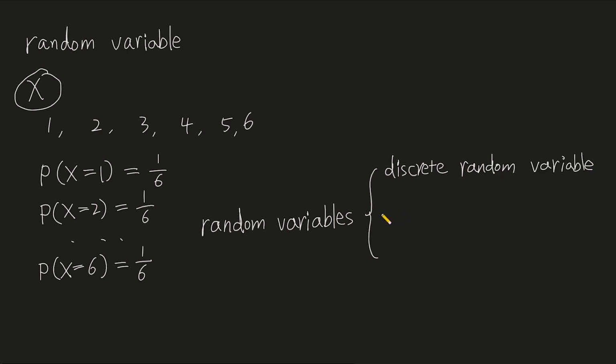Another is the continuous random variable. So the difference between a discrete random variable and a continuous random variable lies in that the possible values of a discrete random variable are limited.